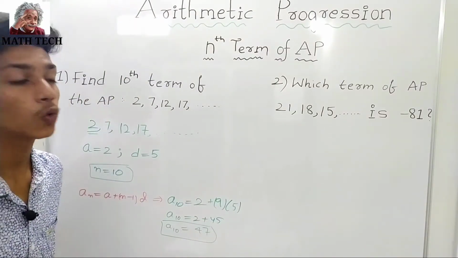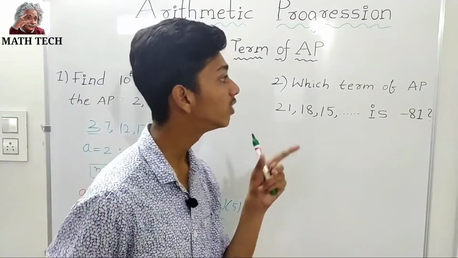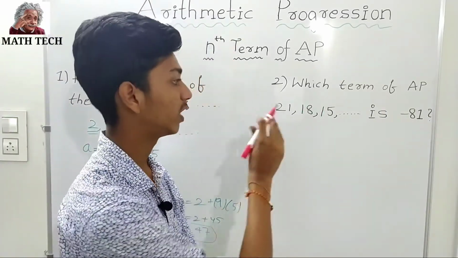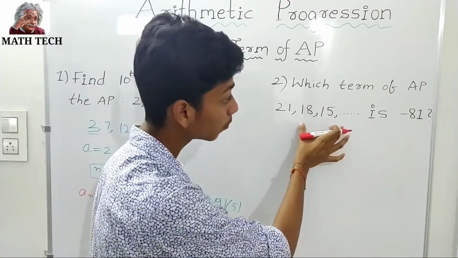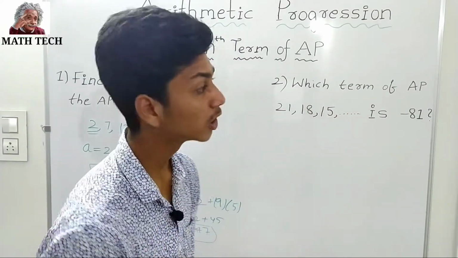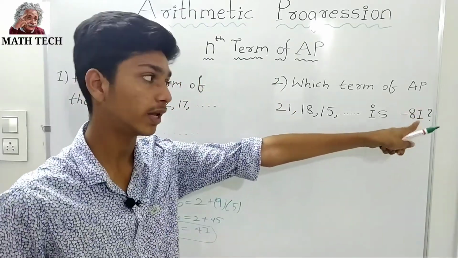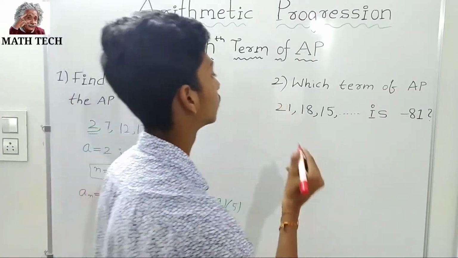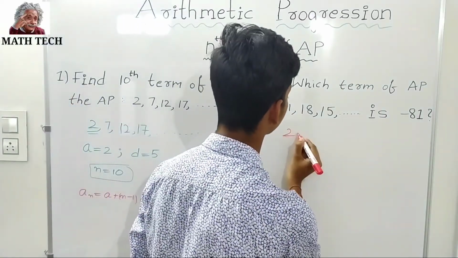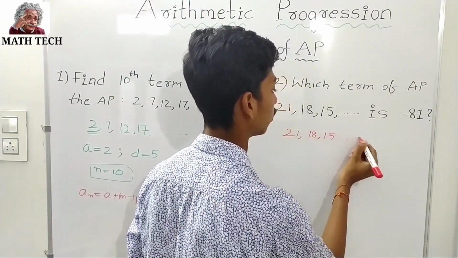Now let's move to question number 2. Which term of the AP 21, 18, 15 is minus 81? Here he has given the value of an, and we should find the value of n. The arithmetic progression is 21, 18, 15 and goes on.